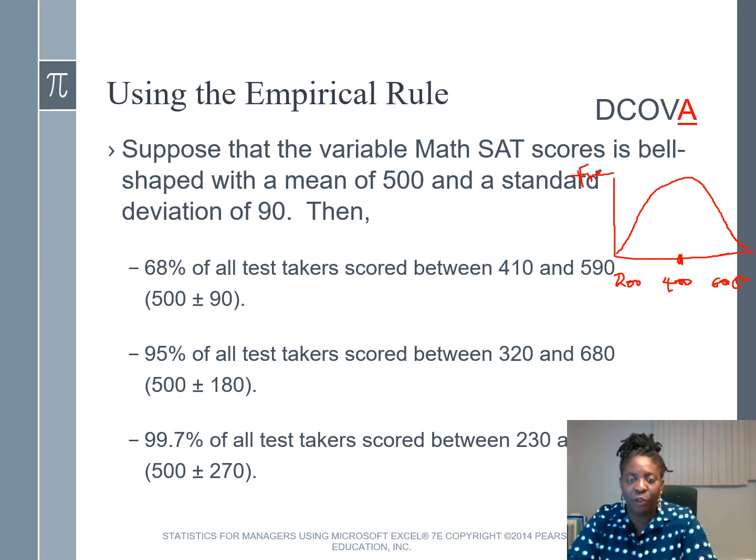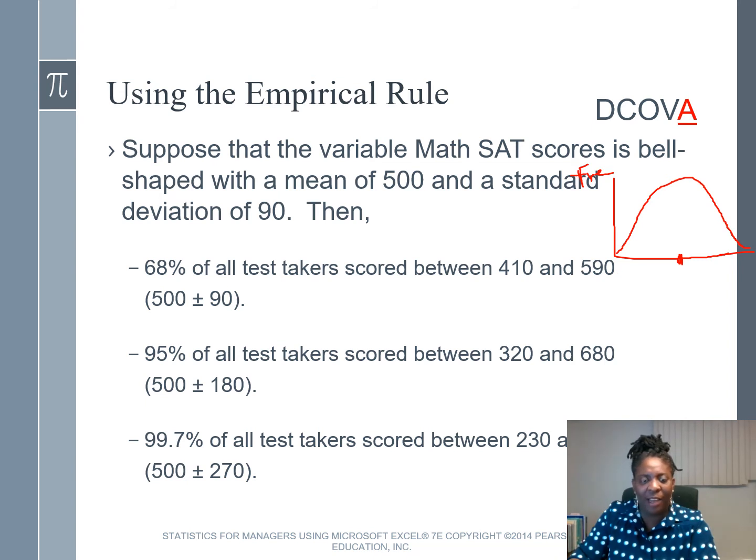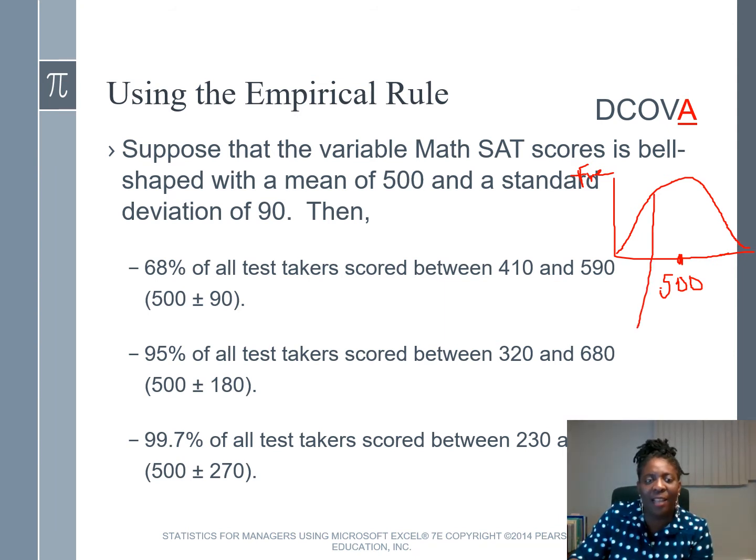So, safe assumption, if it's normally distributed, I'm going to erase all the numbers I have down here because right now only the mean is relevant. If the mean is 500, 68% of all test takers will score within one standard deviation of the mean. So one standard deviation below the mean, the standard deviation is 90. That's 500 minus 90, which gives us 410.